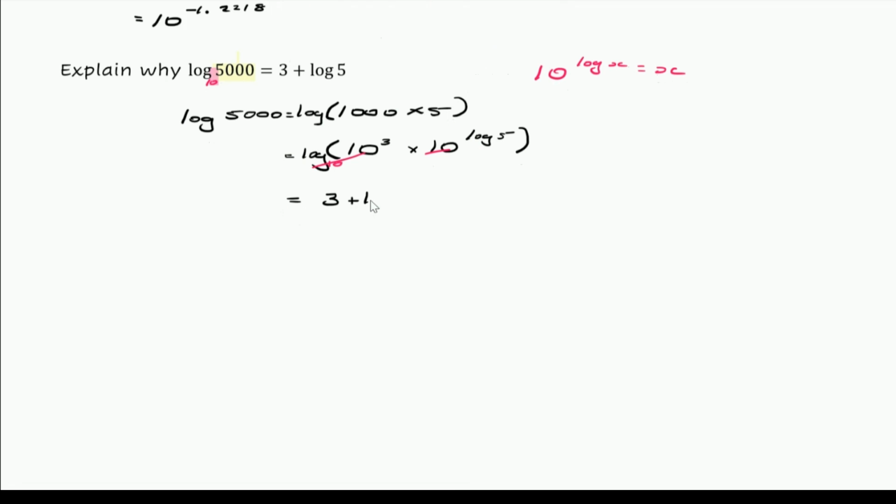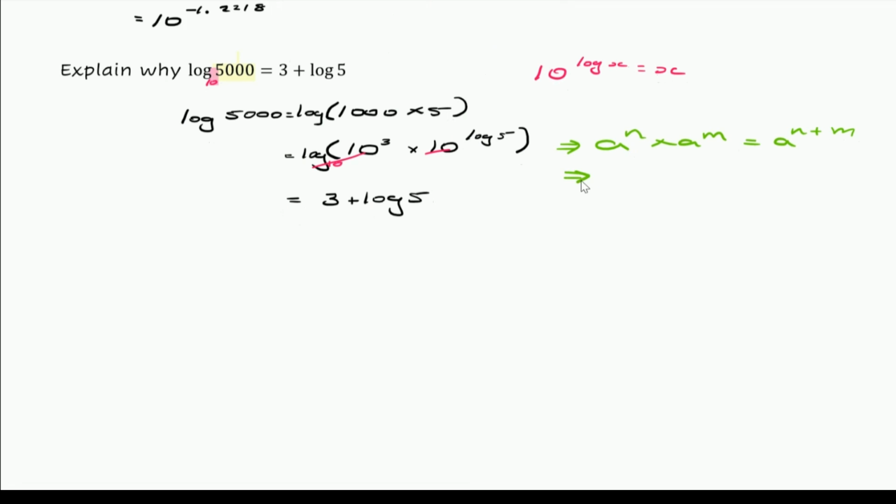3 plus log 5. Okay, so remembering back from when we did our index laws, that if we've got two bases that are the same, so a to the n times a to the m, this is going to be equal to a to the n plus m.